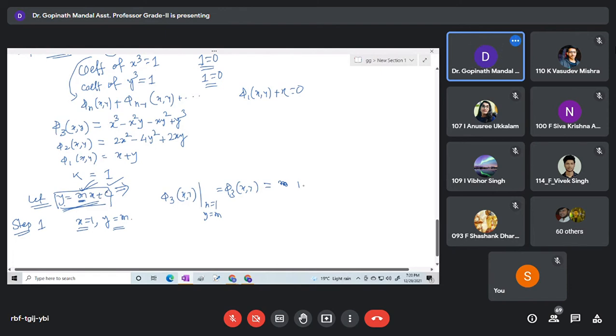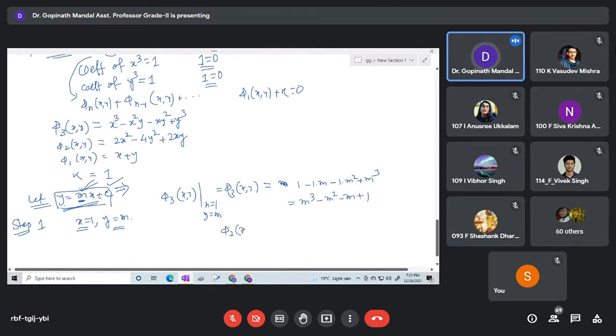Now phi 3 xy, put x equal to 1 and y equal to m. This will be 1 minus m plus m cube, that is m cube minus m square minus m plus 1.